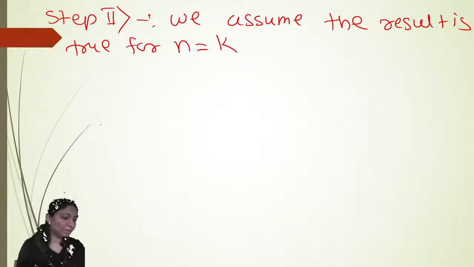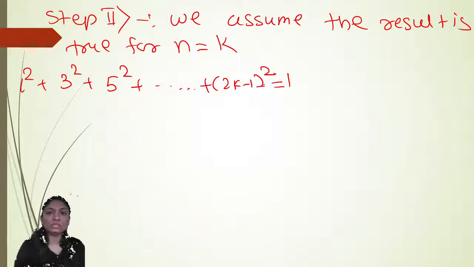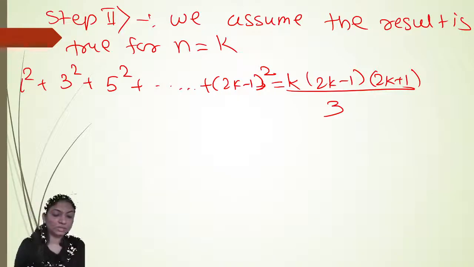For that we will get 1 square plus 3 square plus 5 square plus and so on, plus 2k minus 1 bracket square equal to k into 2k minus 1 into 2k plus 1 by 3, right? That is true for n is equal to k.